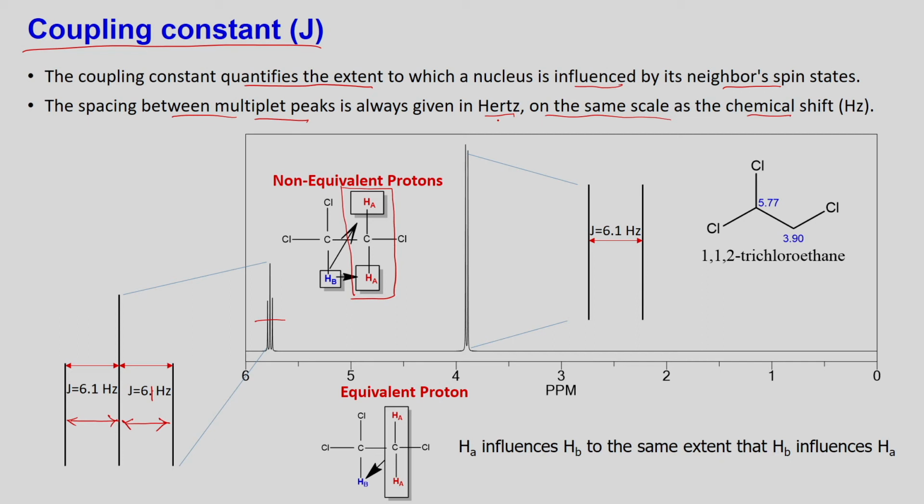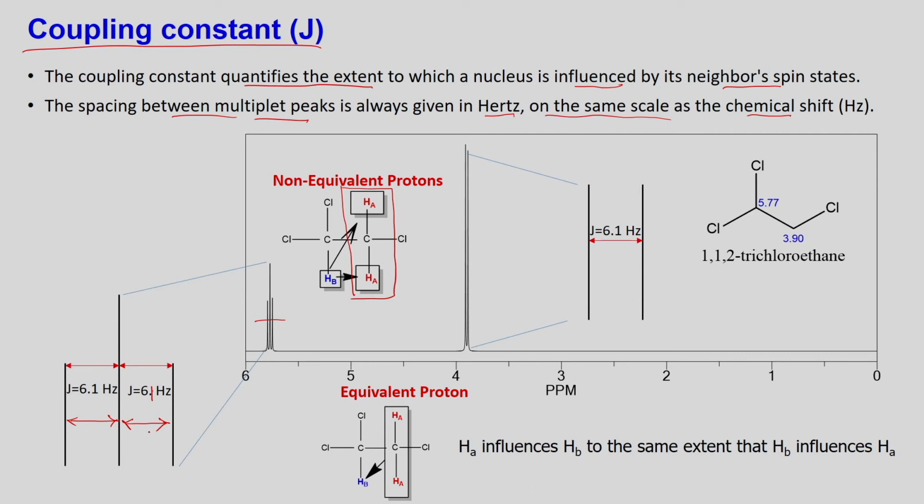Whether you conduct the experiment in a 60 megahertz field or in a 100 megahertz field, you will always get this unique value of 6.1 Hertz, because it represents how these protons are connected with each other, how the coupling is with each other. Same way in this case also, the coupling constant, for the equivalent protons, how they are coupled together, is given by a coupling constant.